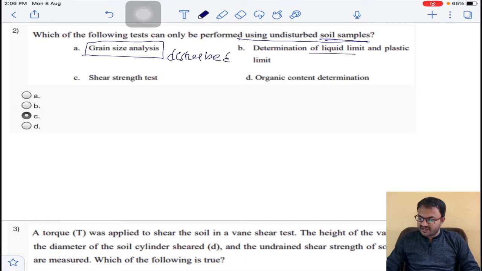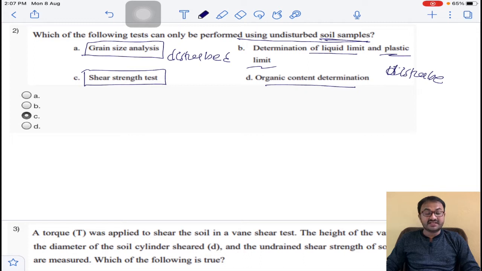And determination of liquid limit and plastic limit and organic content determination. For all these tests, we need disturbed soil sample. Here only for the shear strength test, shear strength calculation, we need the soil as it is in the field. So that is, complete undisturbed soil sample we require.